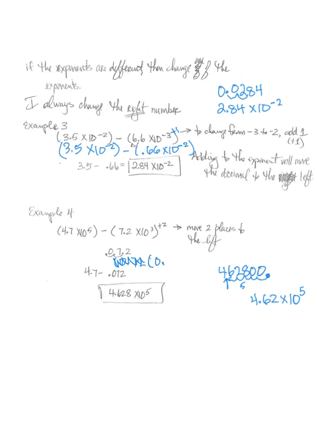So this should be 0.072 times 10 to the 5th is now the new number, so it changes this to there, okay? And then we can look at it and go, okay, are the exponents the same now? Well, yeah, they are, so we can subtract the first part, and we get this first part itself. This is how we do scientific notation.